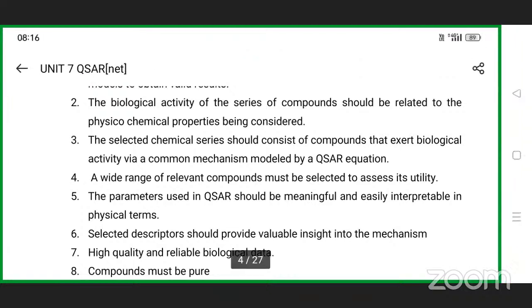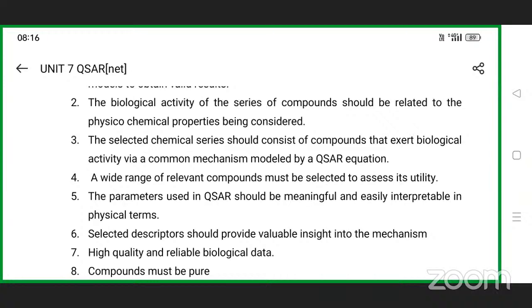Okay, so in the QSAR technique, because it is a random technique, there is no condition to select a particular compound here. So randomly you can select the series of compounds. In order to get more precise values and a good result, you need to take a wide range of compounds.